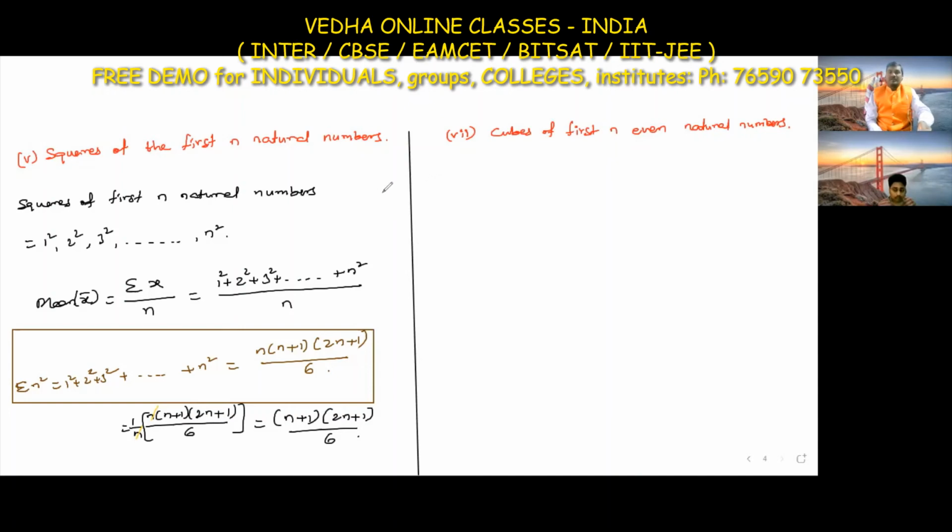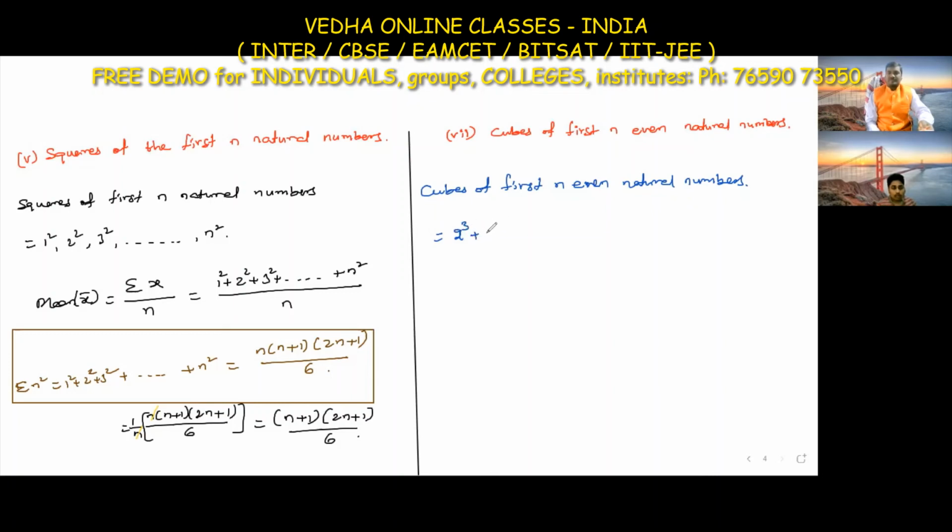So first, what are the cubes of the first n even natural numbers? What are the numbers? The first number is 2 cube.